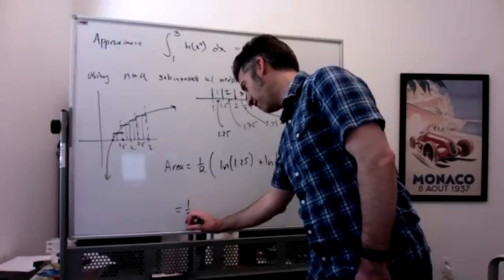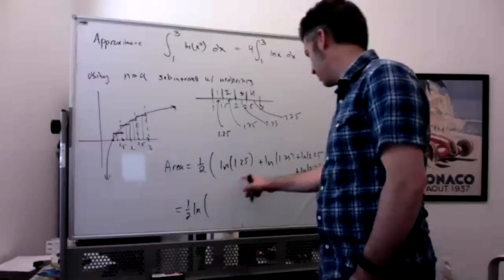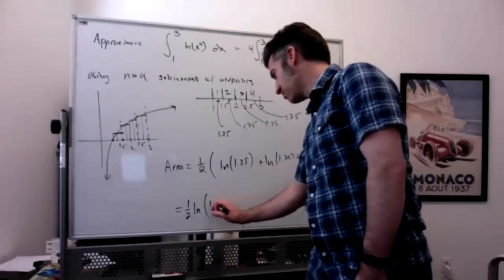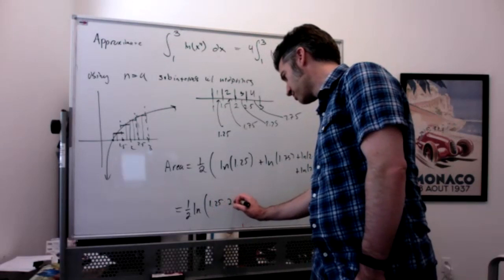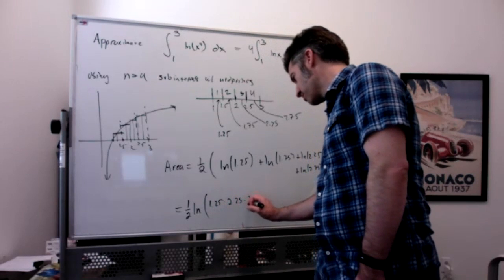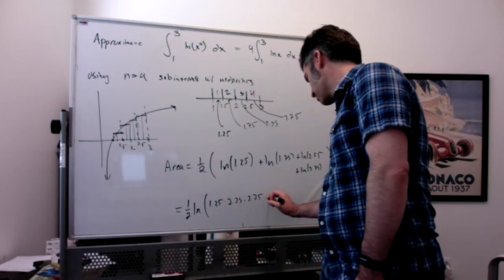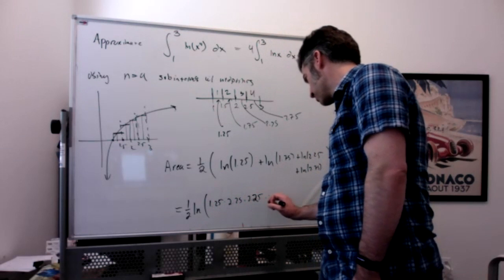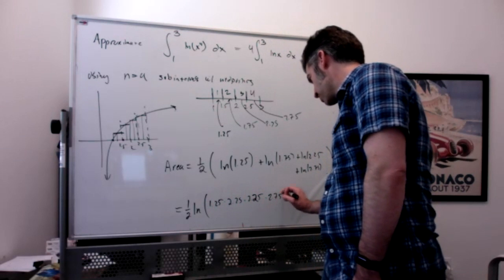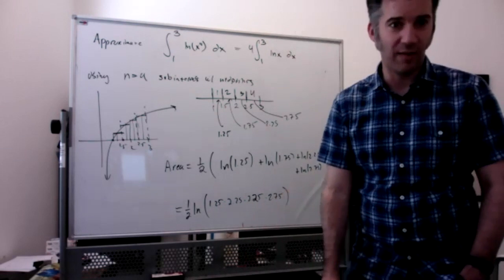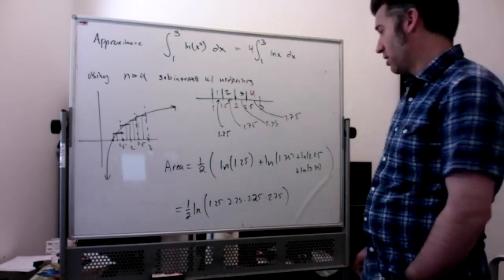It's 1/2 the natural log of this times this times this times this. Technically, write it that way if you really wanted to.